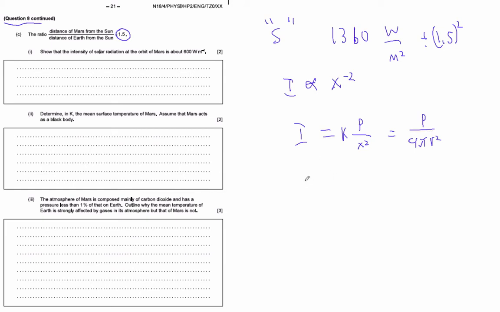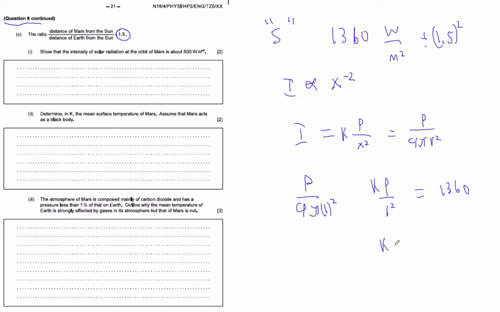So the intensity is power over 4 pi, and I'll just say 1 squared. Power divided by 1 squared times some constant is equal to 1360.